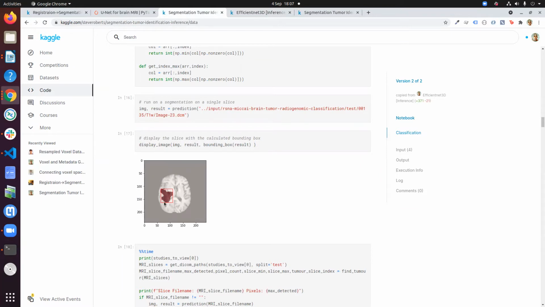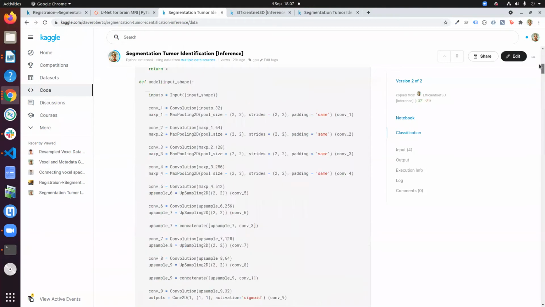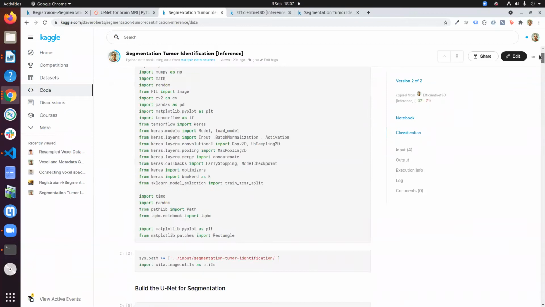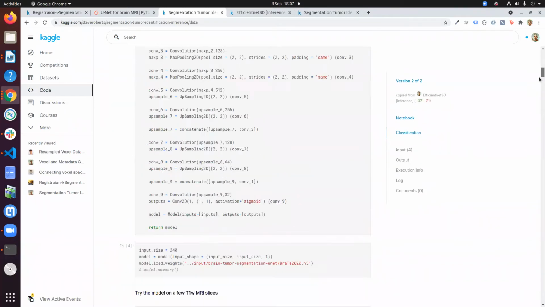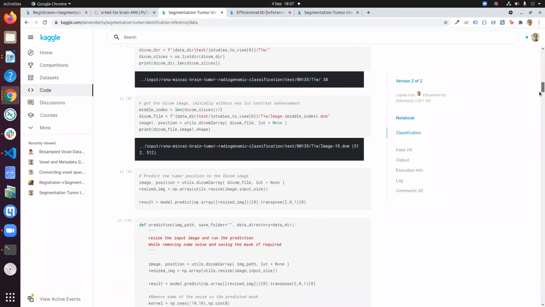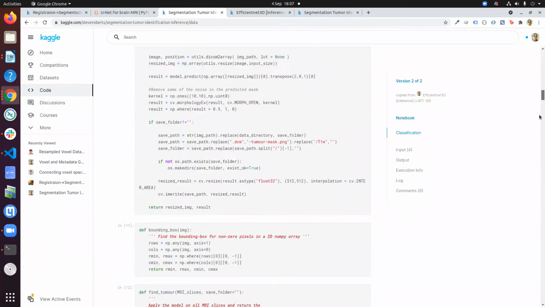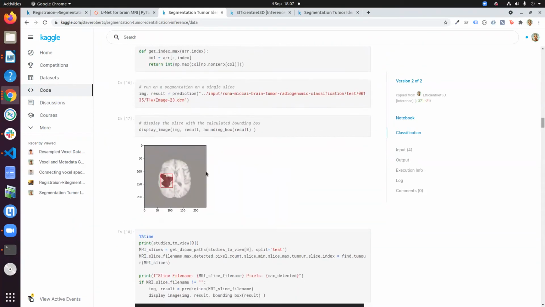What the segmentation does is give two bits of information back. It runs the segmentation and then returns the slice that has the maximum amount of tumor pixels on it, and for each of the slices in the DICOM image, it'll return how many pixels on that slice had tumor and the pixels themselves where the tumor is.